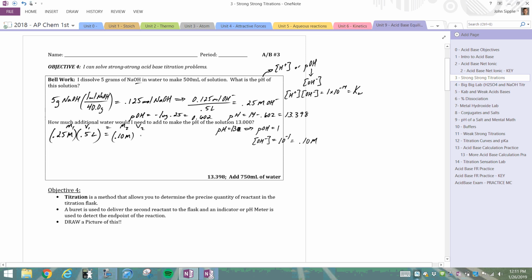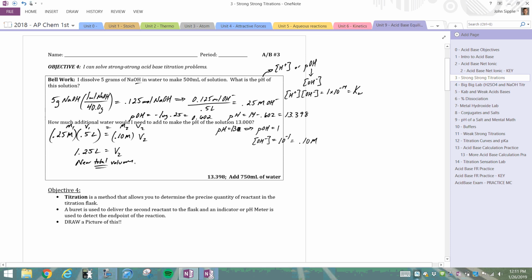So the new volume of that solution is what we can solve for. Okay, so 0.25 times 0.5 divided by 0.1. So the new volume of our solution is 1.25 liters.